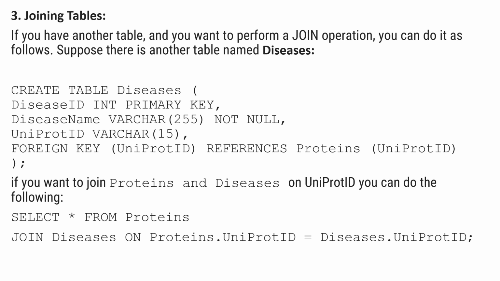If you want to do that, we just need to type select asterisk from proteins join diseases on proteins.unitprot_id equal to diseases.unitprot_id, closed by a semicolon. When we do this, we have been able to join proteins with the newly created diseases table.